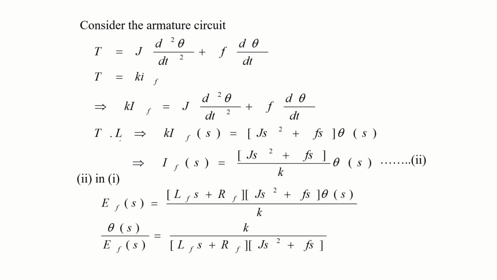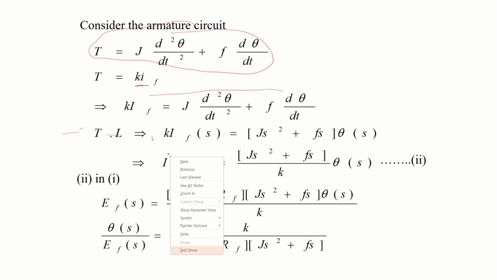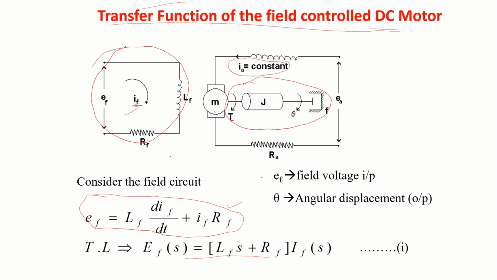Next, from the mechanical system, J d square theta by dt square plus F d theta by dt and T are related, write this. Again, this T you replace by K IF, you get this equation, and take Laplace, get IF of s. This IF of s value you substitute in this equation.